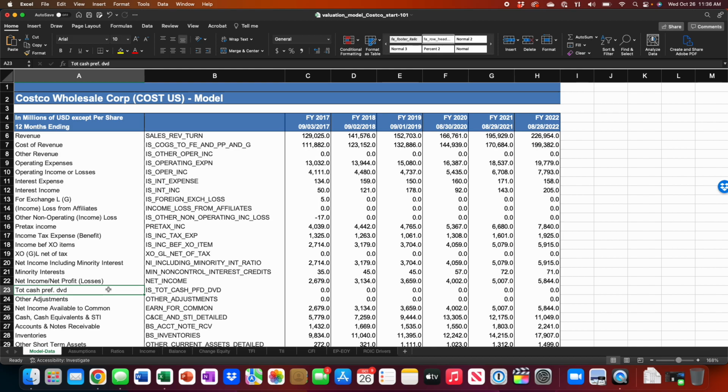Yes? If the number is zero, like you said, you put in zero and the previous number is zero, could we just copy that over, or should we just? It depends. If it's zero, equal the previous year. Okay. In some things I'm making zero, but sometimes it's zero because Costco doesn't have it, and I'm saying equal the previous year. Because if we plop it in another company, Verizon, it might not be zero for Verizon.